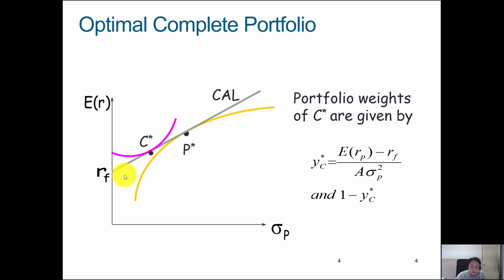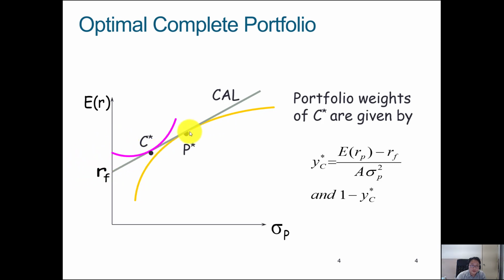By including the risk-free asset, I can start to take an investment position, because my optimal portfolio becomes a combination of the risk-free asset and the market portfolio. This line is called the capital asset line. If I'm sitting here on the line, my portfolio weight in the risk-free asset is 100% and the weight on the market portfolio is 0.